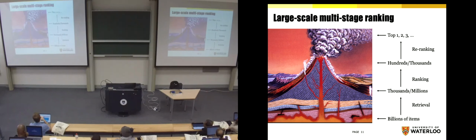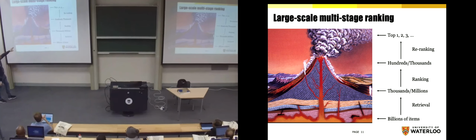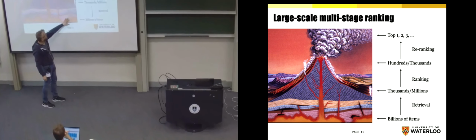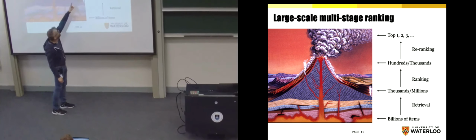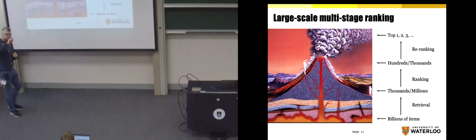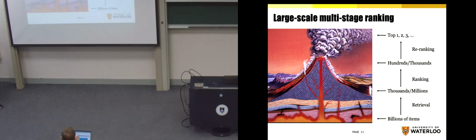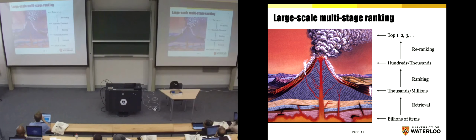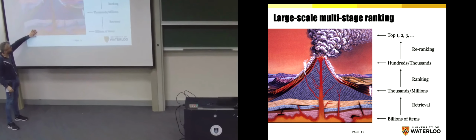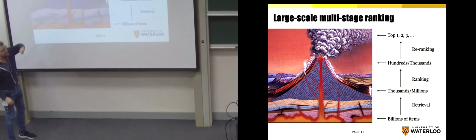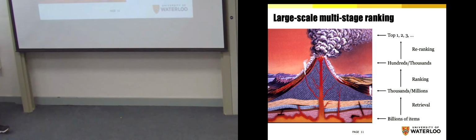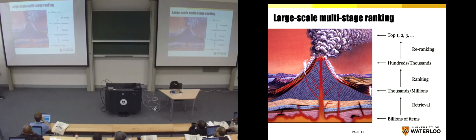So I'm starting here with Cape Town tours, and down here I have billions of documents, and at the top I have that one TripAdvisor page that lists the top tours for South Africa, and that's the thing I'm looking for. So the problem is, how do we get from here, where we have billions of things, to the one thing that I really want when I go to Google or Amazon or somewhere like that? Okay.